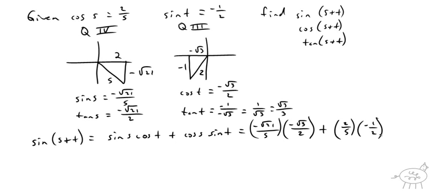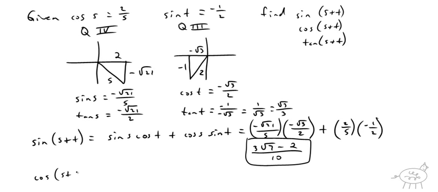Okay? The only issue, I have negative root 21 times negative root 3, and you guys should understand there's a 3 that's common with both of them, so I can pull 3 out, and I wind up getting 3 root 7, right? And then this is just minus 2 over 10. Pretty easy.